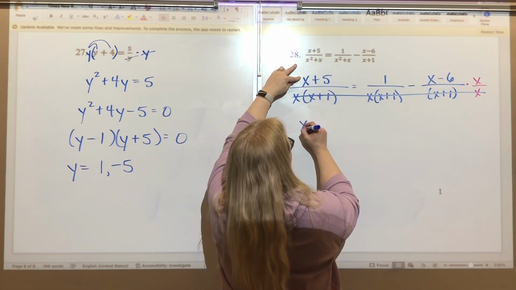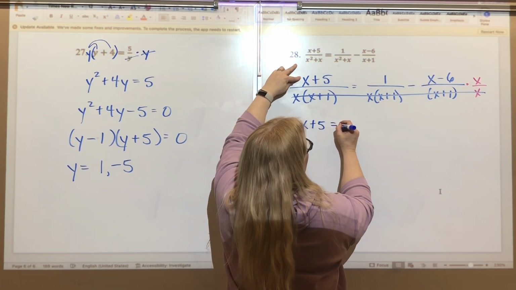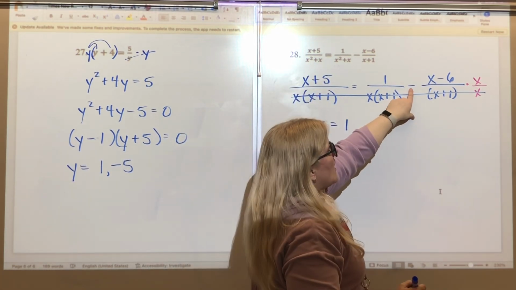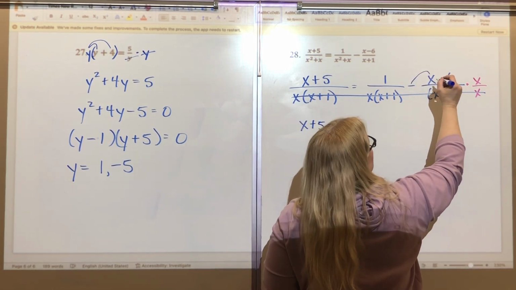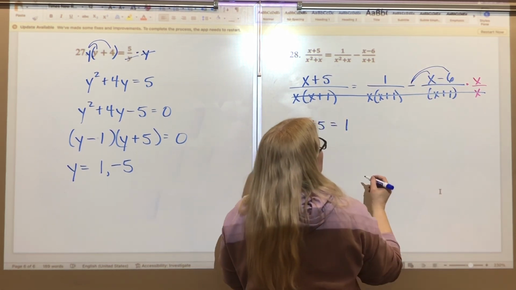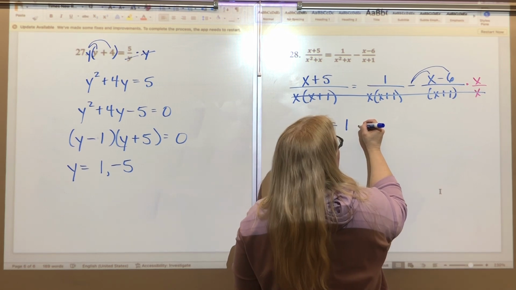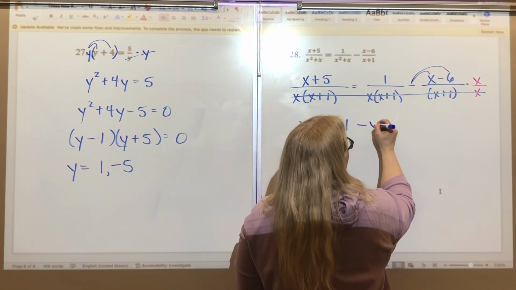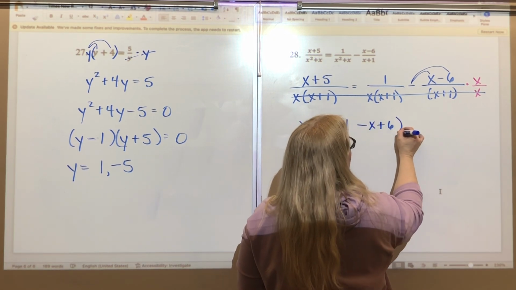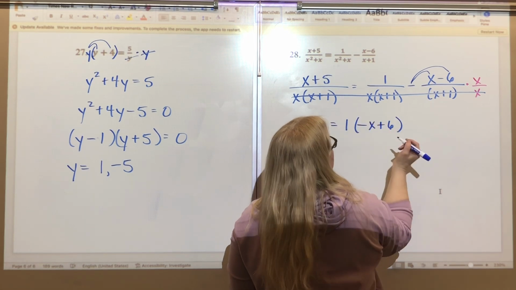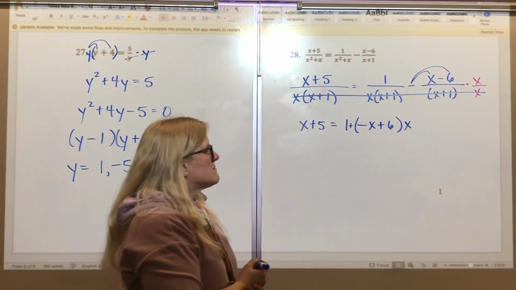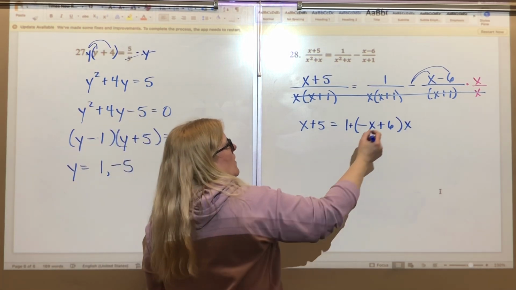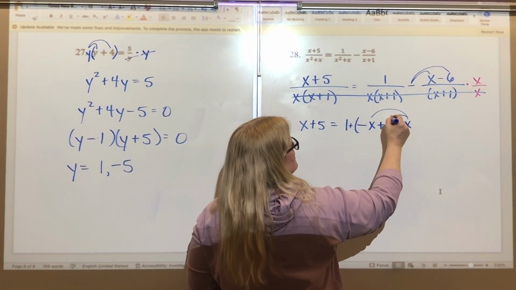Okay, so now we have x plus 5 equals 1 minus, all right, a negative. When we distribute this negative, we're going to get minus x plus 6 times x. So now I've got to distribute this x.